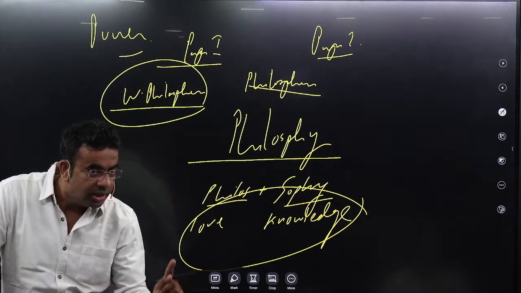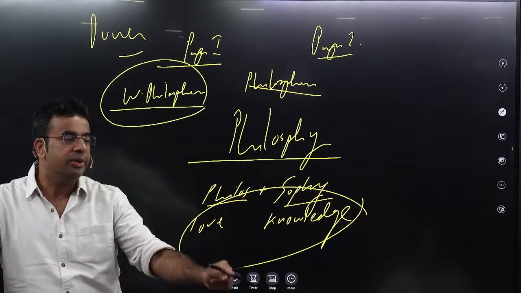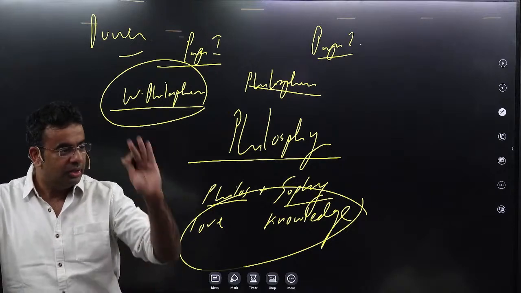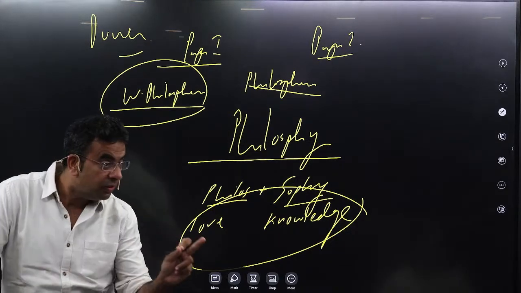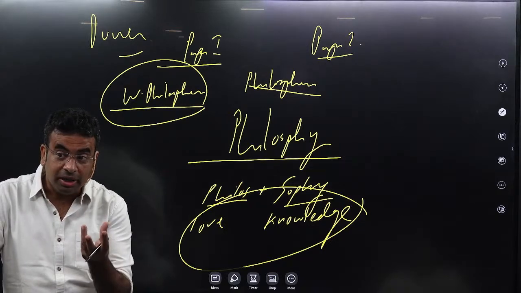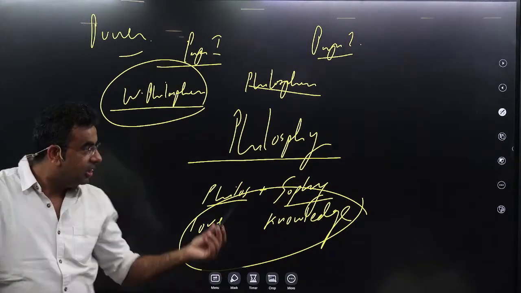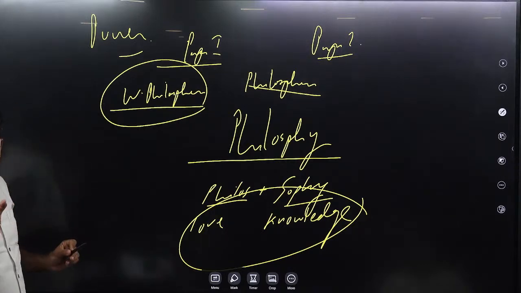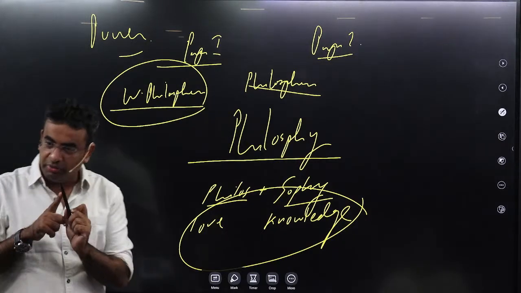And how do I know that you are intelligent? Because you qualified your 10th class exam, you qualified your 12th, and you all have done your graduation. This establishes your credentials of intelligence, not creativity. So the UPSC exam is an exam of intelligence, and you are all UPSC aspirants. So never try to become what? Philosopher.